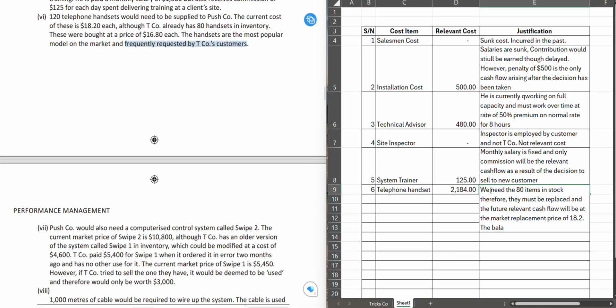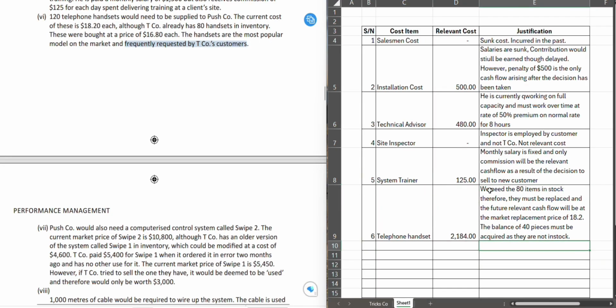The balance of 40 pieces must be acquired as they are not in stock.